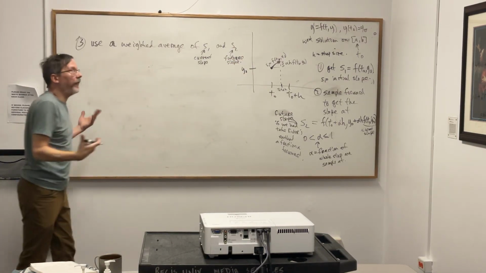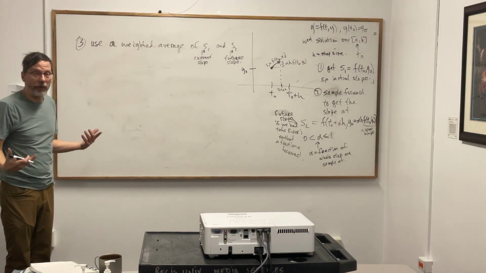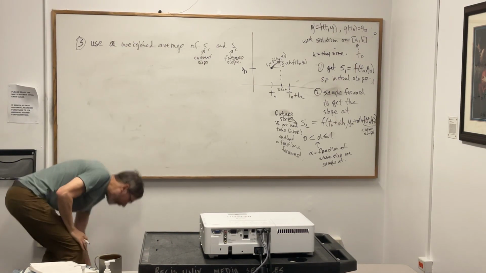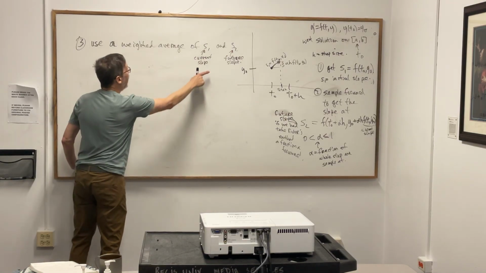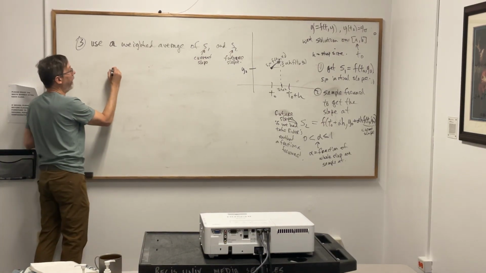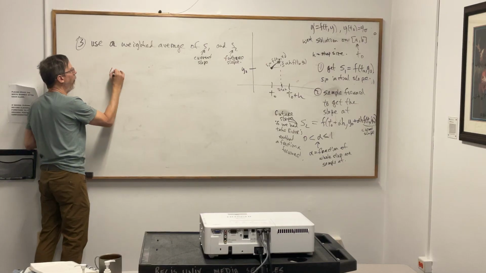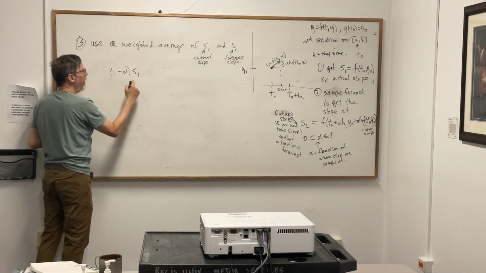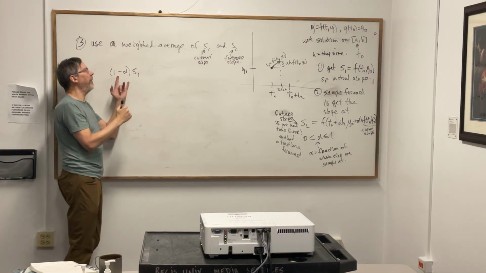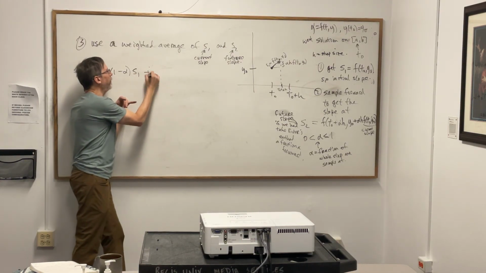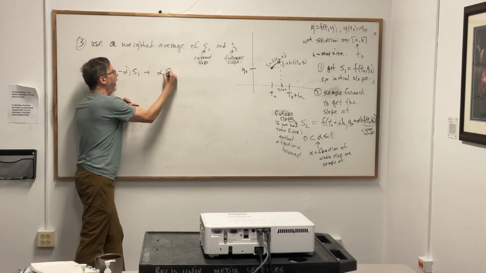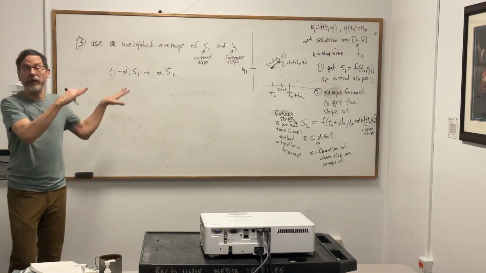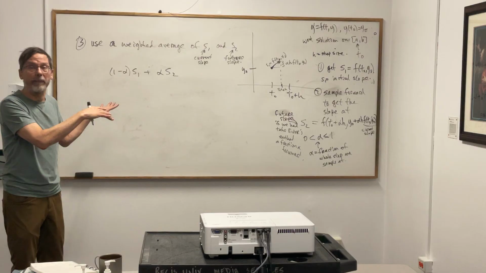Again, not necessarily the true future slope, but the one Euler's would give us if we had kept on Eulering our way through this. So find a weighted average of these, and the way it basically works is we take 1 minus alpha times the current slope, plus alpha times S2. So this is a weighted average, and this is going to be the slope we use.